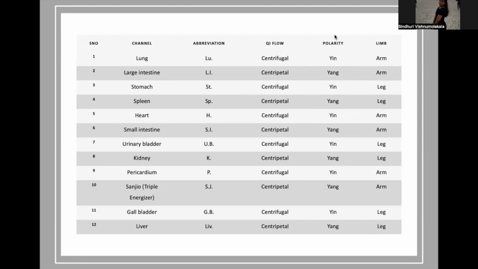Now, let's speak about this set. In the lung meridian, the energy flows from the chest to your hand anteriorly. And now, in the large intestine meridian, the points meet at the tips of your nails, where the energy flows from the hand to your head, and there it meets with the spleen meridian.